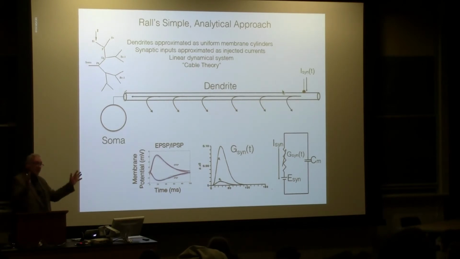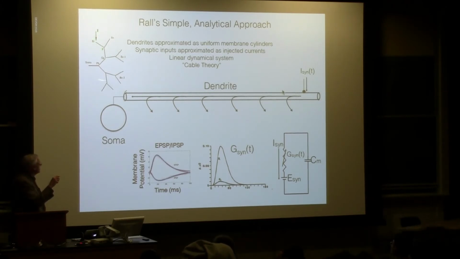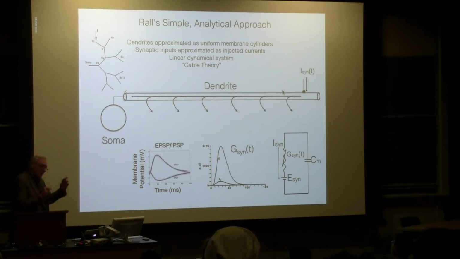Not only did he solve that analytically, with pencil and paper, but he could also solve the problem of injecting current out here on the dendrite of this complex branch structure, and the equations that he derived would allow you to calculate, with pencil and paper, the distribution of voltage everywhere else in that dendrite, including at the soma. So it's kind of a remarkable mathematical theory.